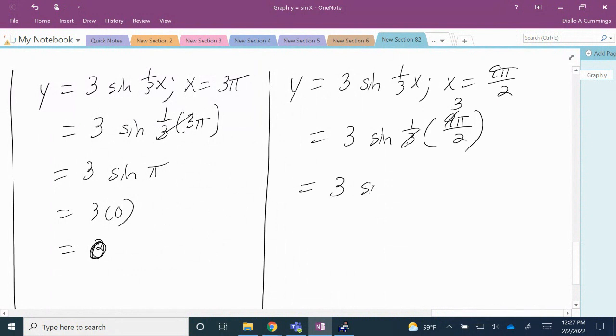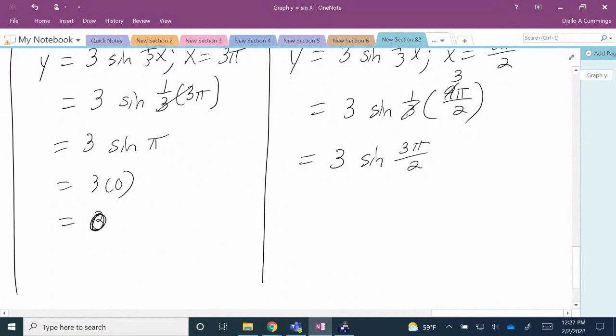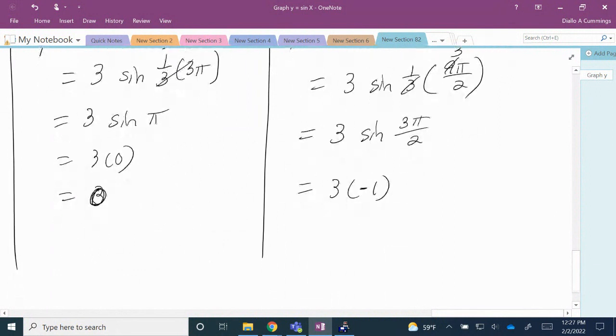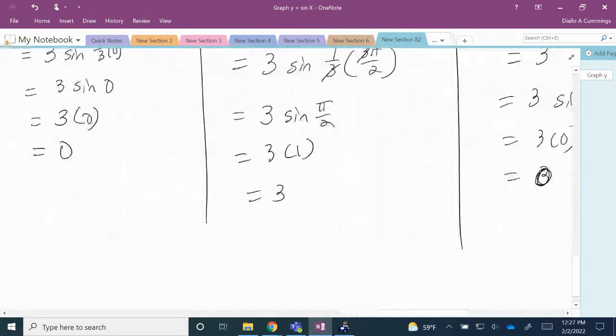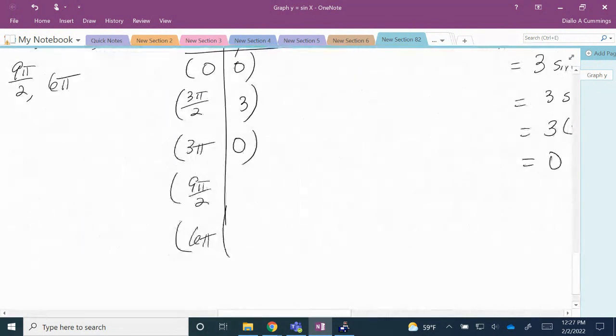So we have 3 times the sine of 3 pi over 2. If you use your unit circle, the sine of 3 pi over 2 is -1, and 3 times -1 is -3. So we have the ordered pair point 9 pi over 2, comma -3.